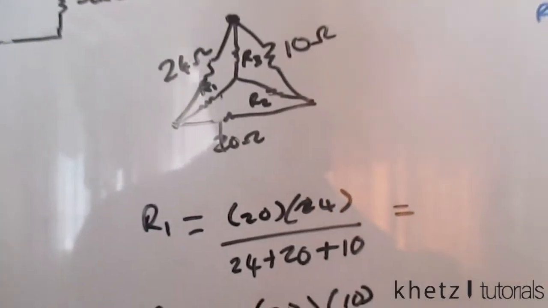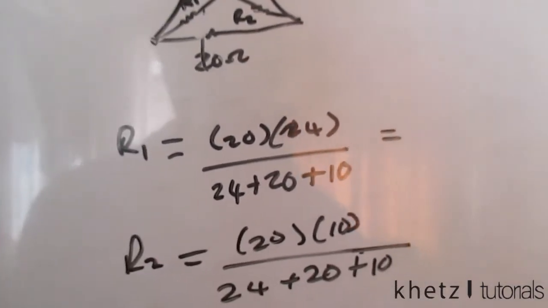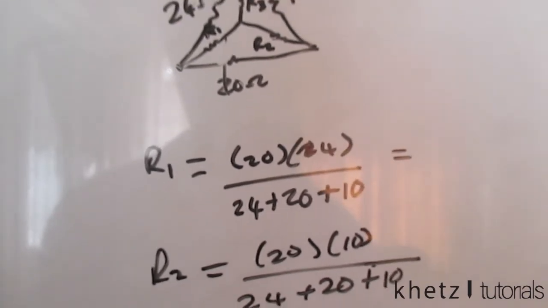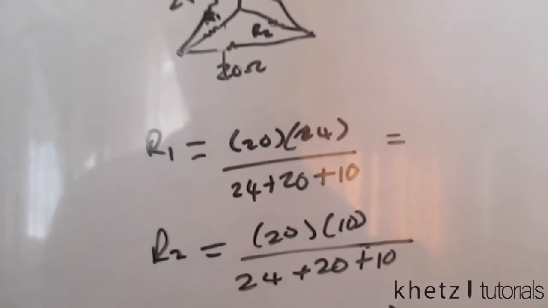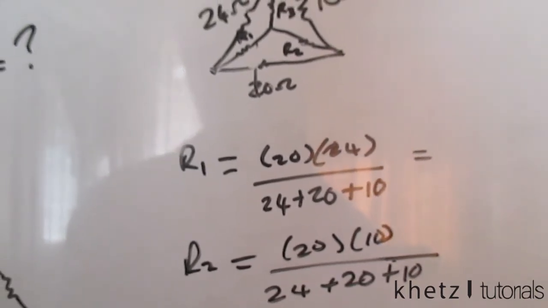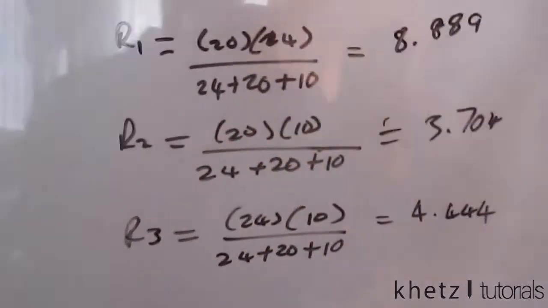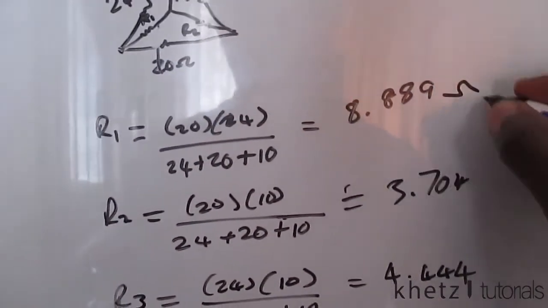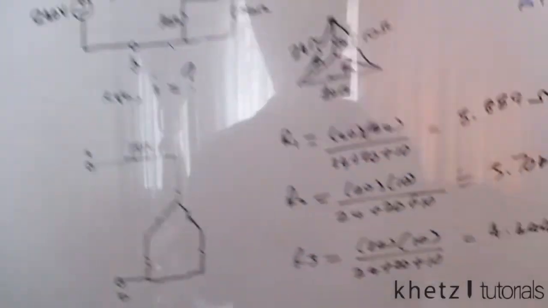So R1 will be 20 multiplied by 24 divided by 24 plus 20 plus 10. After calculating, these should be the values which you find.